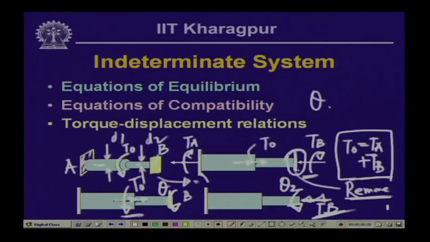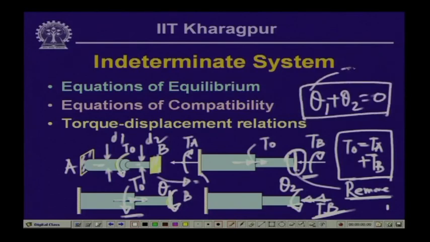So, if we write theta 1 plus theta 2 equals 0, and then write it in terms of the twisting moment T, we get another equation. So, we get equation 2 and this is equation 1. From these two equations, we have two equations and two unknown parameters T A and T B, so we can solve for T A and T B.